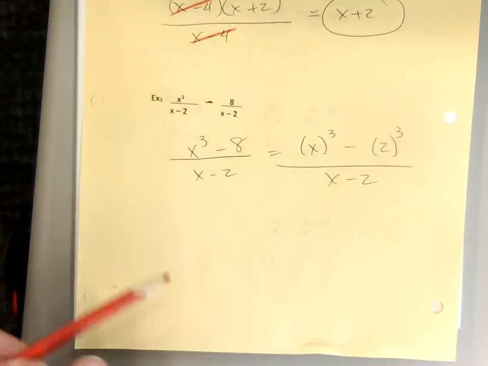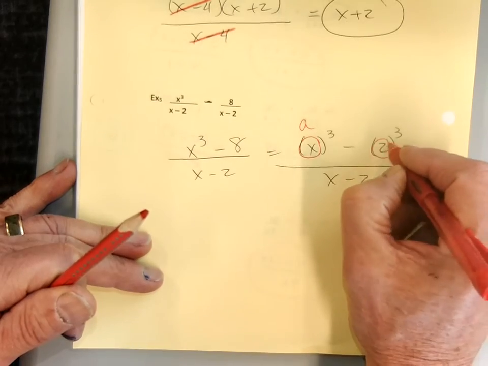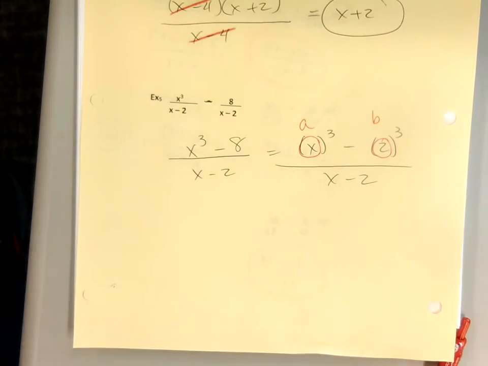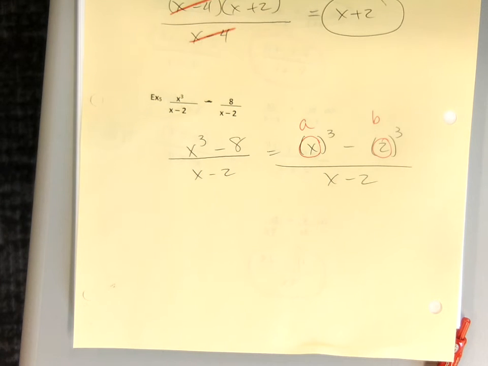So my formula from the board, I know that that's my A and that's my B. We've got our A and our B, so we're going to go x minus 2 times x squared plus 2x plus 2 squared.